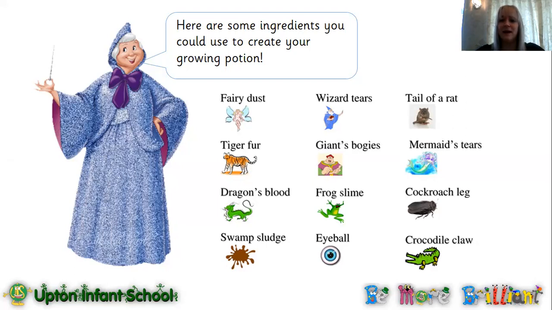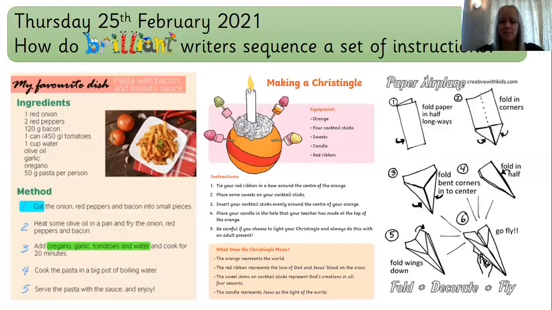Brilliant. Okay, we're going to go to the end of the lesson now and just have a little think about why we use instructions. We use instructions for so many different things, and here are some of the things that we use them for. So we can use instructions for cooking. And again, you can see we've got the title here, pasta with bacon and tomato sauce.